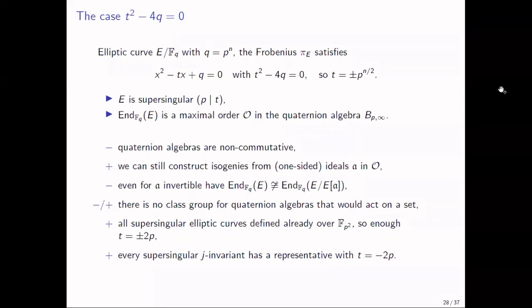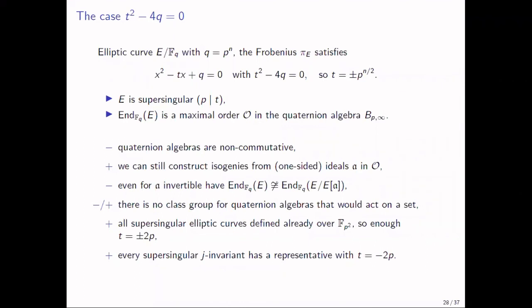Depending on who you ask, it's a positive or a negative fact that quaternion algebras are non-commutative and more complicated, so their arithmetic is more difficult to describe. The good thing is that you can still construct isogenies from ideals. But in this case, no matter what conditions you put, even with invertible ideals, you will not get the same endomorphism ring.